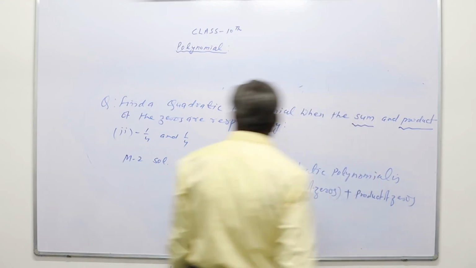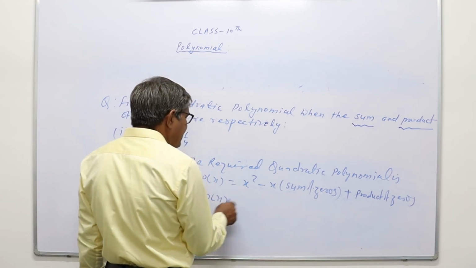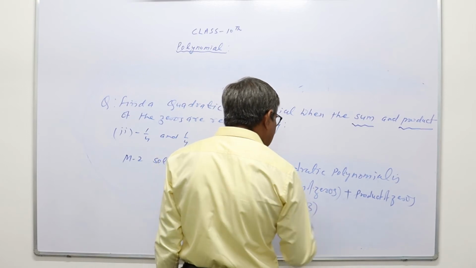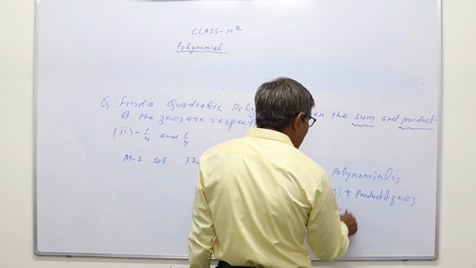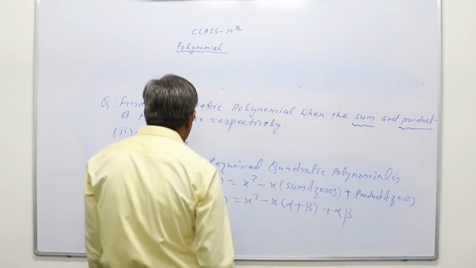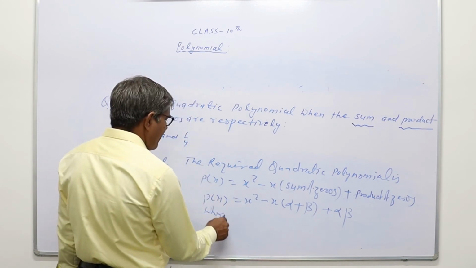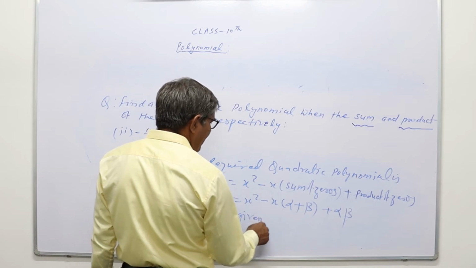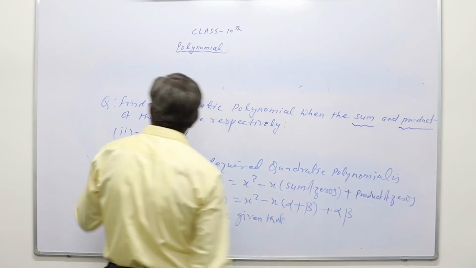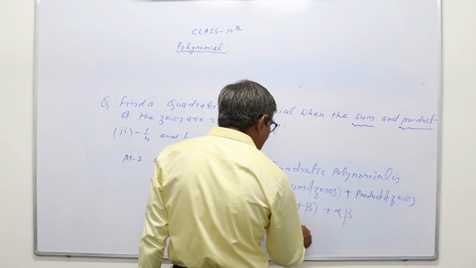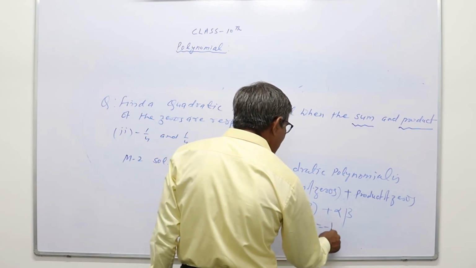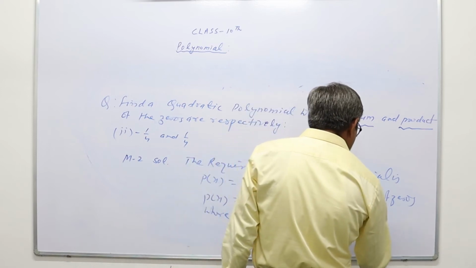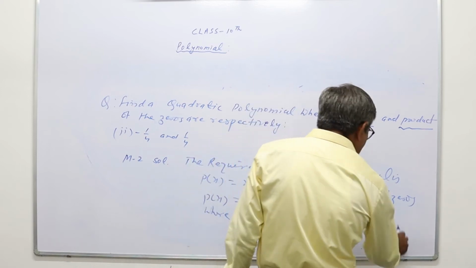Now see, what is the sum of zeros? x square minus x into alpha plus beta, and what is the product of zeros? Alpha into beta. Given that, what is given to us? Sum of zeros is minus 1 by 4, so alpha plus beta is equal to minus 1 by 4, and product of zeros, that is alpha into beta, is 1 by 4.